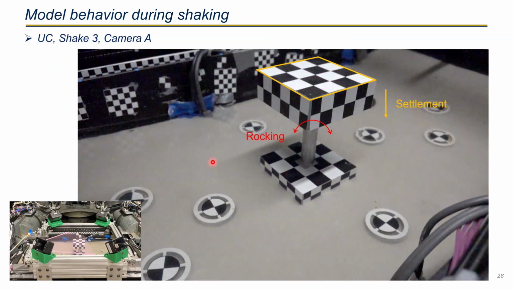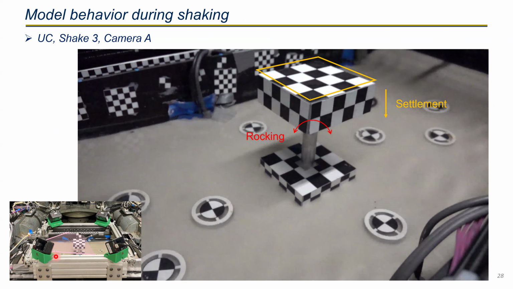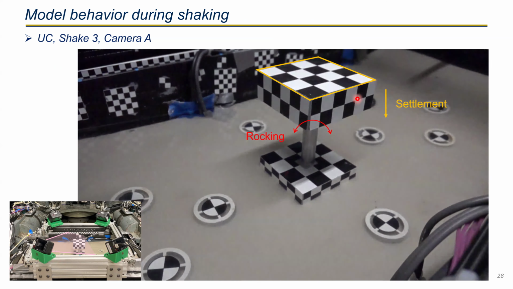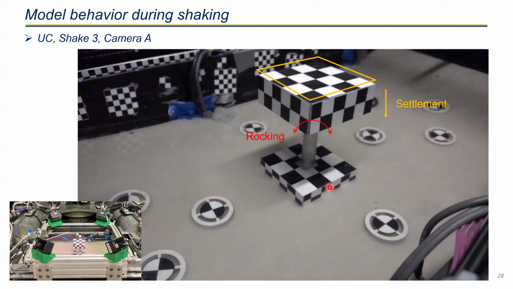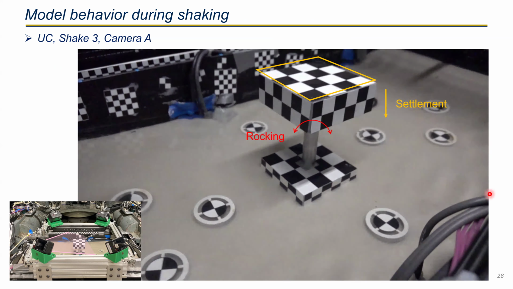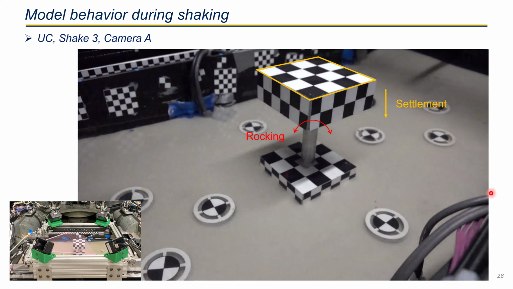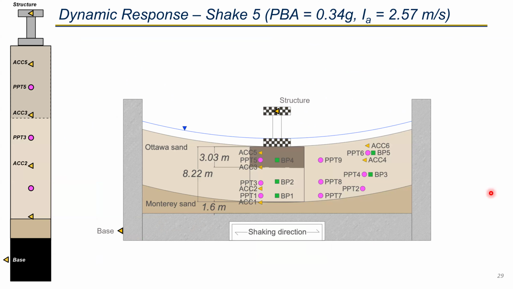And this is the video taken during the test, recorded from the camera here. With the earthquake, you can see the structure settled with a rocking angle. Here I will show you the result of the sensors embedded in the soil first.